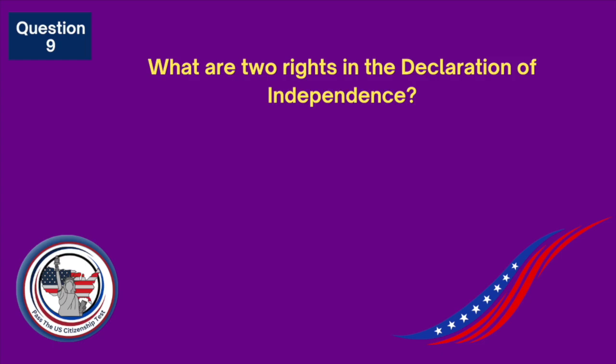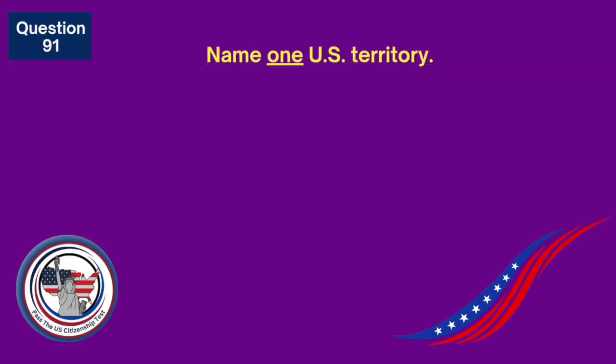What are 2 rights in the Declaration of Independence? Life, liberty. Name one U.S. territory. Guam.